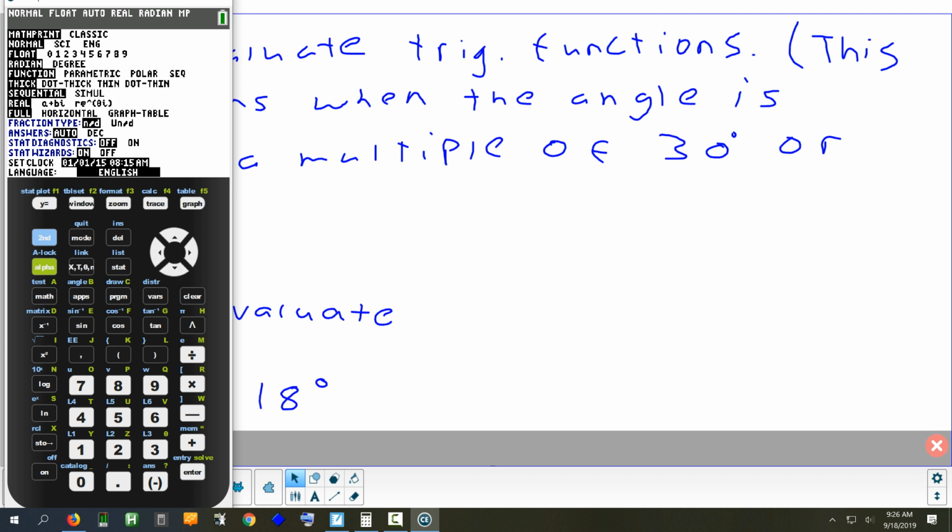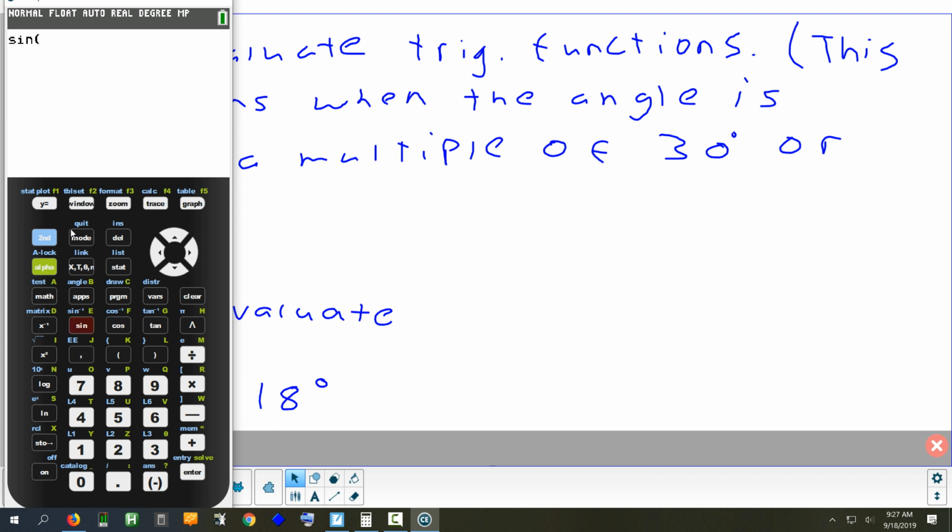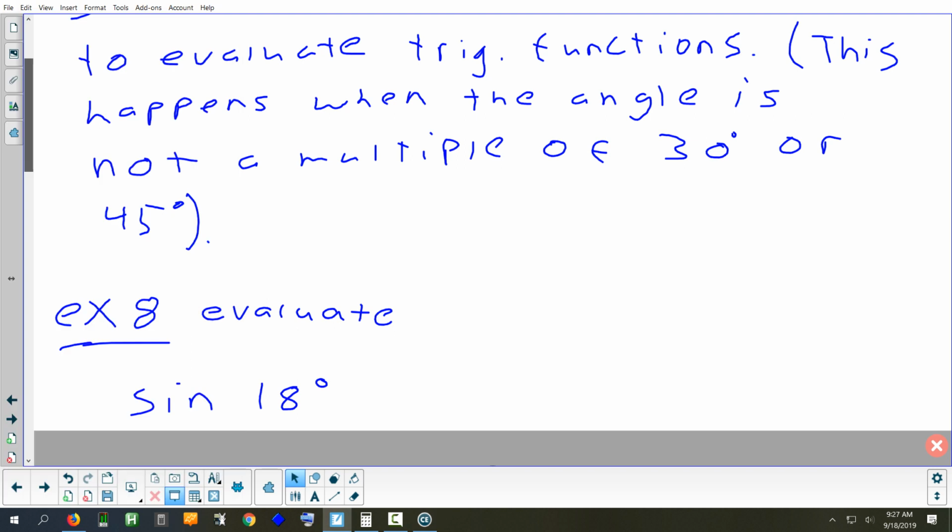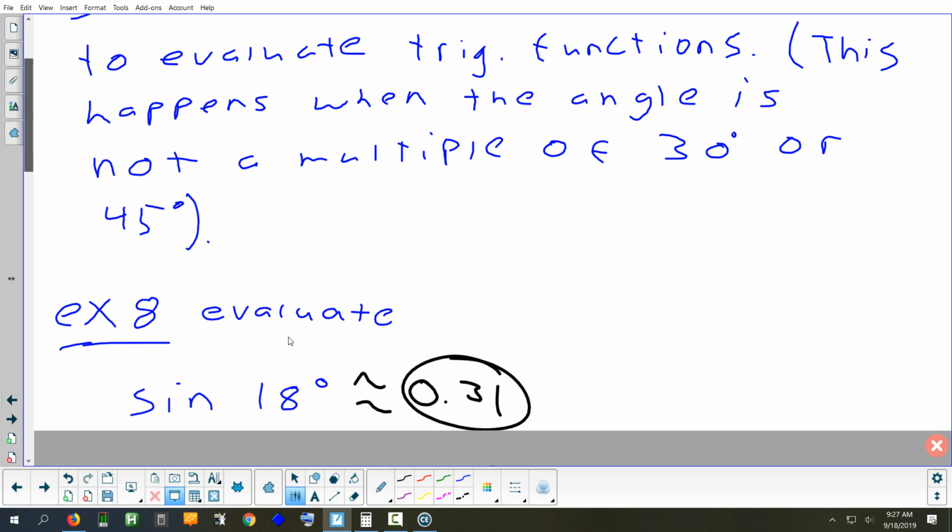Your calculator might be a little different. I think my calculators have a button that says DRG at the top. If you press DRG, it'll give you a choice, and then you can pick which one you want. So I'm going to pick degrees. Now just type in sine of 18. And if we round it off, the answer there is 0.31. That's it.